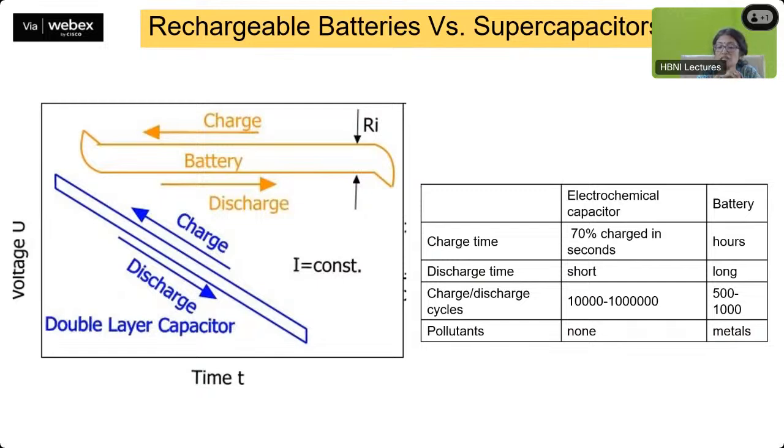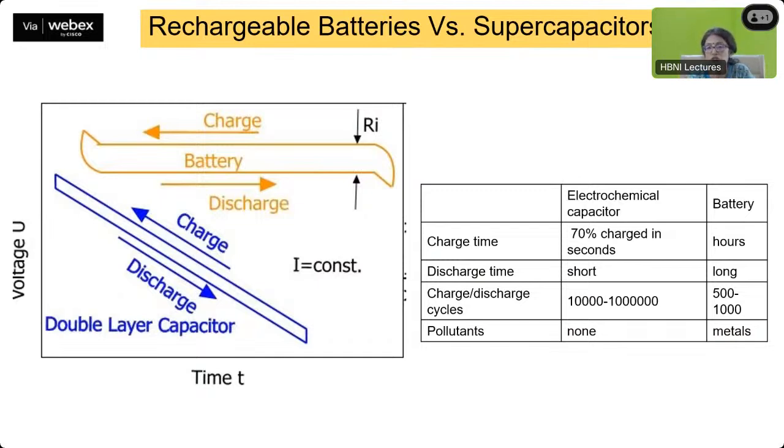So the charge time in case of an electrochemical capacitor, like 70% of it is charged in seconds, whereas a battery takes at least an hour to charge. Discharge time is very short for a capacitor, whereas for a battery, it is long. You can have a long discharge happening in the battery. Then charge discharge cycles: in case of a capacitor, it is okay to run from 100,000 to 1,000,000 cycles, whereas in case of a battery, it is only 500 to 1,000 cycles.